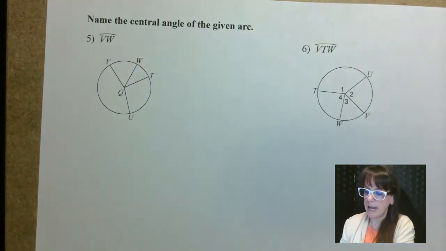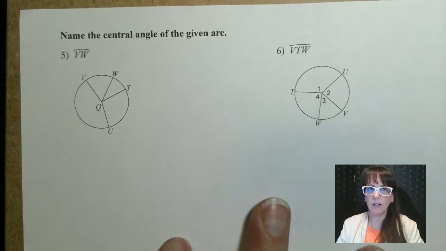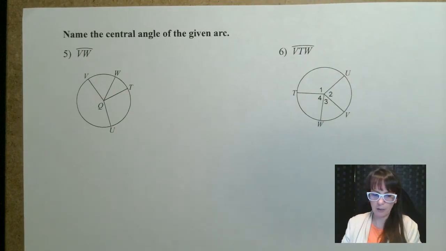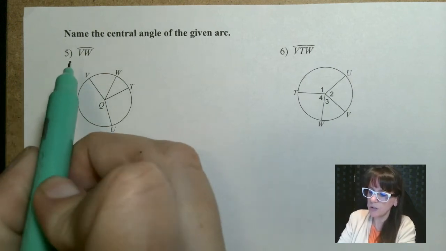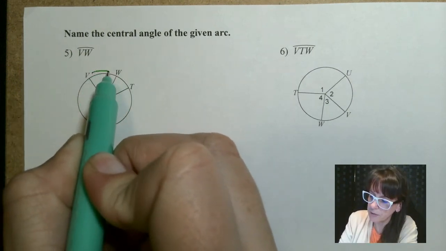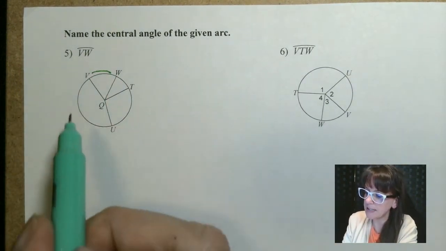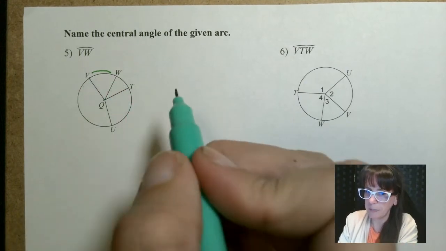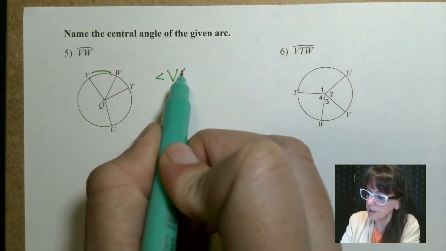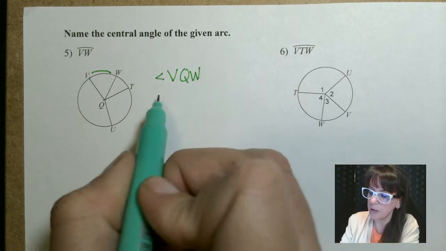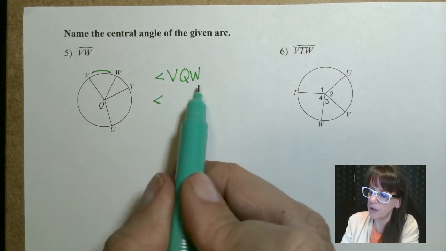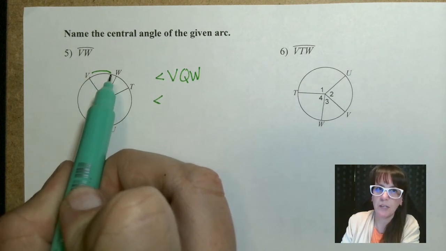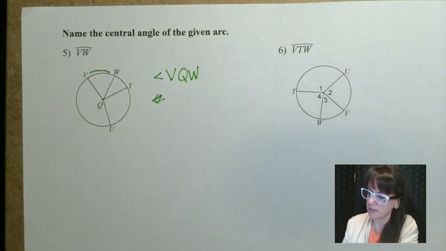Let's look at this. Name the central angle of this given arc. So VW. So for VW, so that's just 2 here. So for VW, the angle is VQW. Angle VQW, because it's arc VW, so you'd want to keep that organized like that.